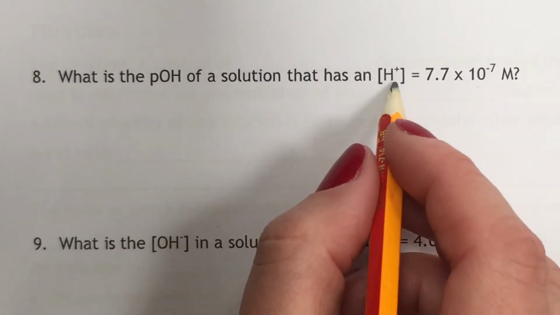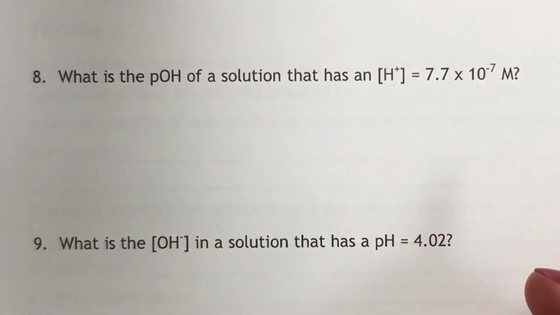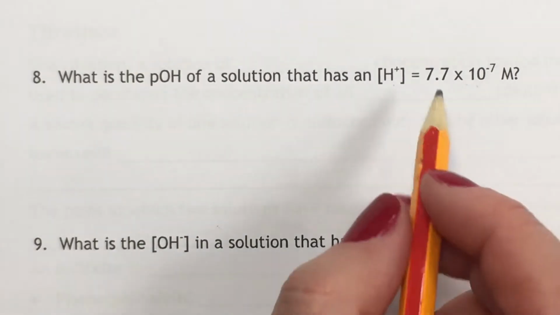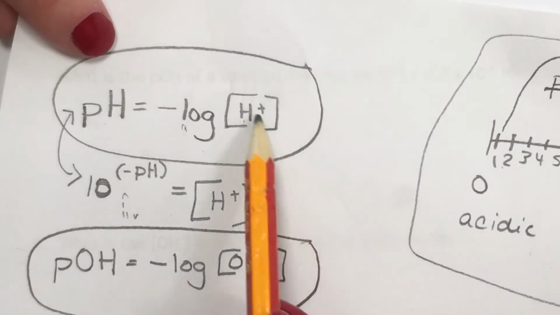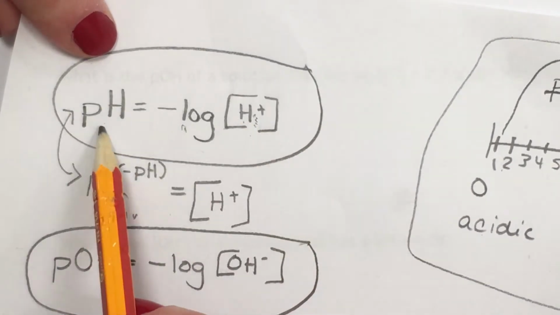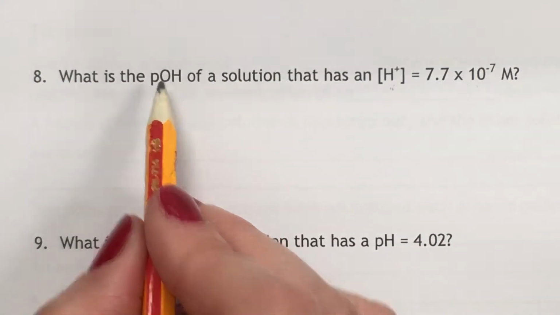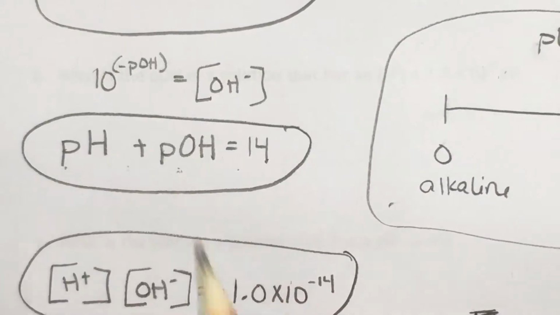There are a couple of ways that you can go about doing this. It's okay if you found one route when I'm doing a different one. We could use this equation to get the pH, and then once we have the pH, we can use this equation to find the pOH.